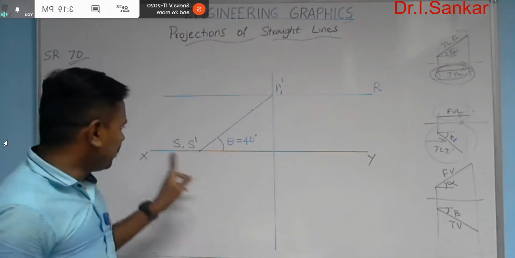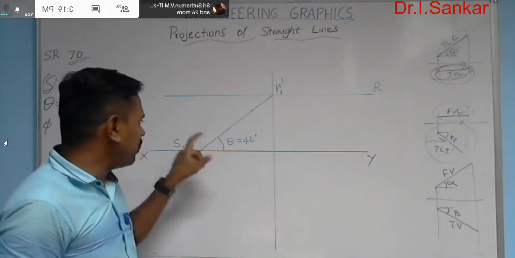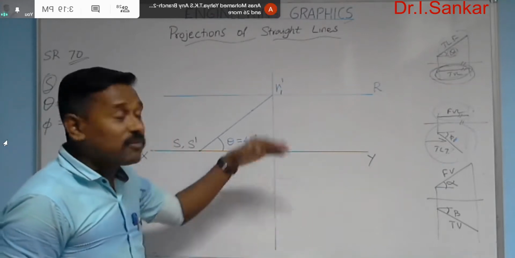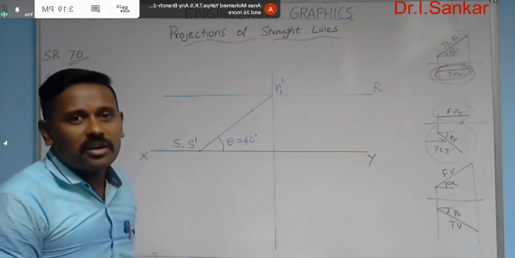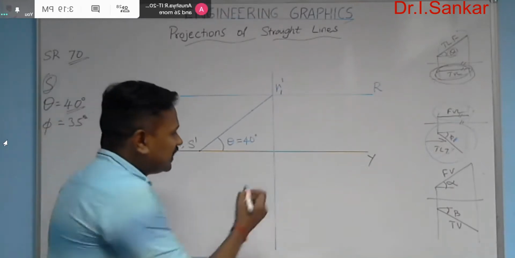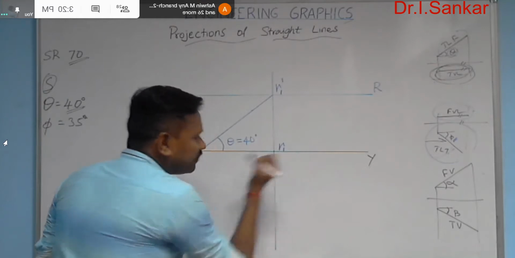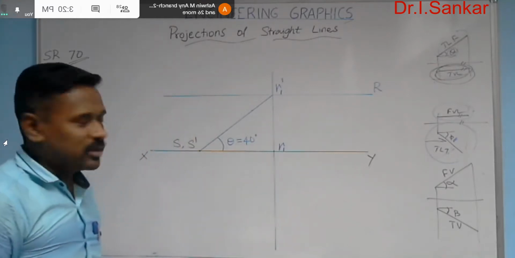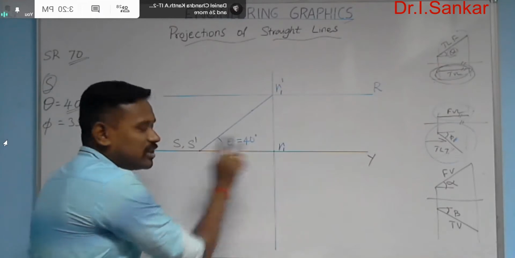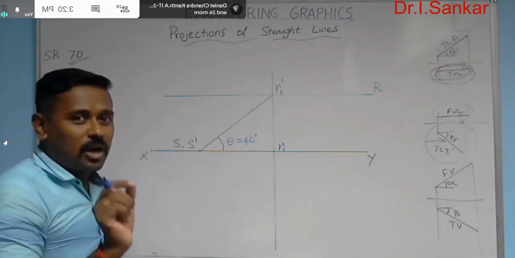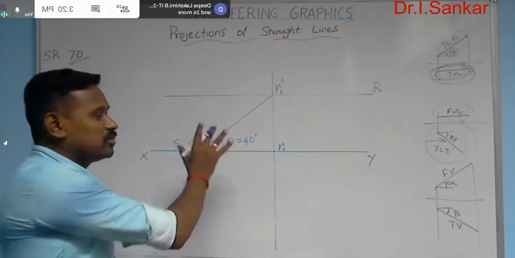So at that time, where you can mark the R1 is, here you can mark the R1. This S R1 is nothing but your top view length line. Just leave this pair.